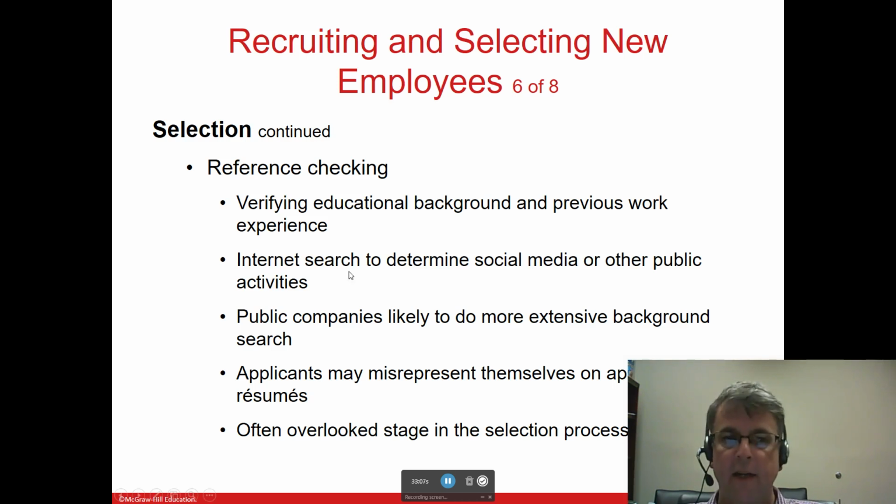Okay, internet search to determine social media or other public activities. This is a big one now, something I never had to deal with. Scrub your Facebook account. Get rid of it if you can. Okay, if you go and look for a job, don't put any political stuff up there.